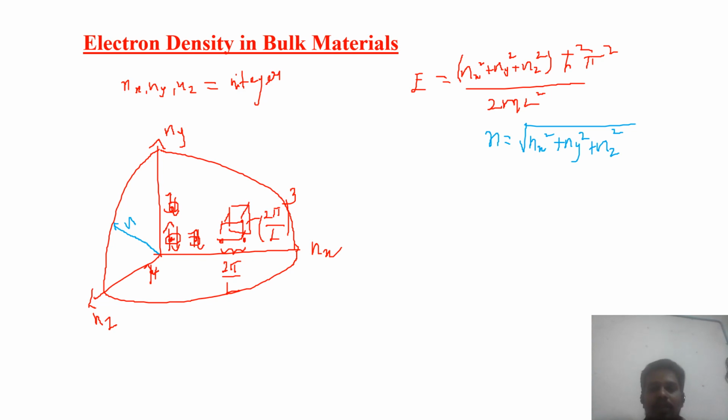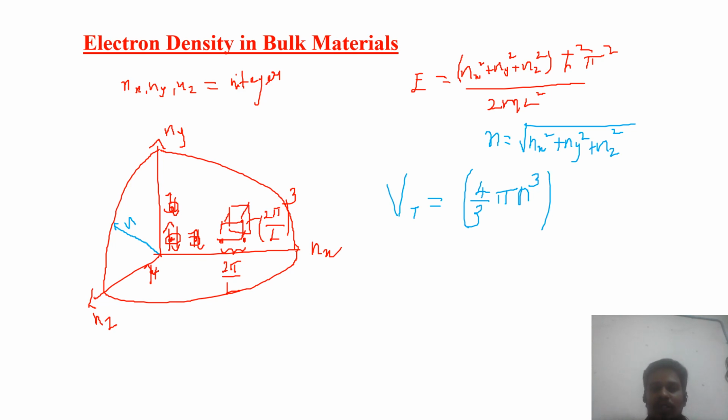So to compute the allowed energy of the electron, first we need to calculate the total volume of the sphere. The total volume of the sphere is simply equal to 4/3 π r cube. Here the radius is n, so n cube. But this is the total volume, and we are going to take only the positive values of x, y, z.